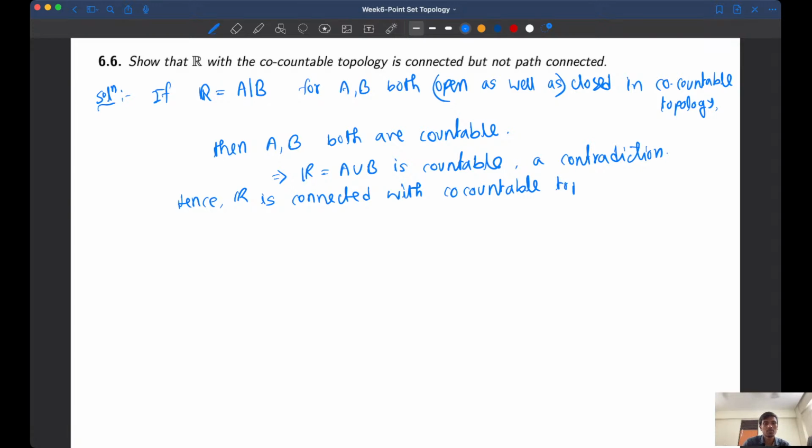The second part is a bit interesting. Like the cofinite topology, it is not path connected. So what happens if there is a path between two points? Any guess? What kind of contradiction can you have?